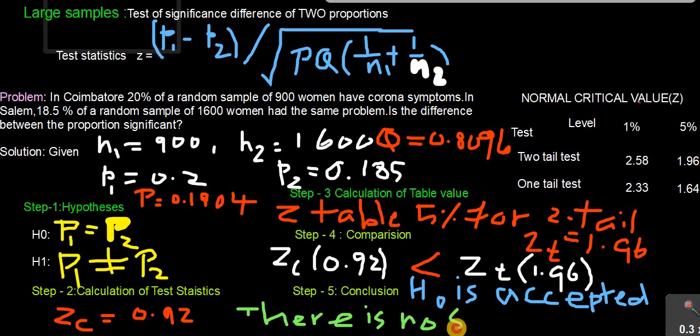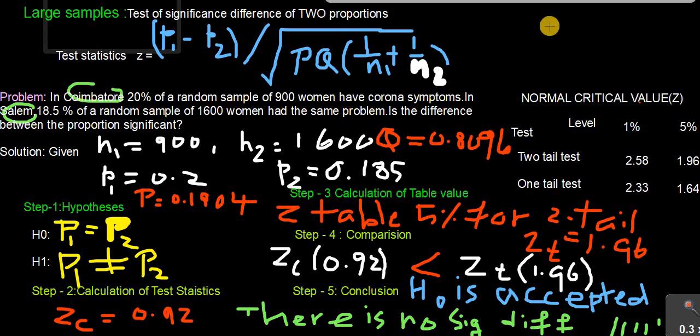Significant difference means the difference between the proportions of corona affected people in Coimbatore and in Salem. So the proportions are equal. There is no significant difference. That's our conclusion.